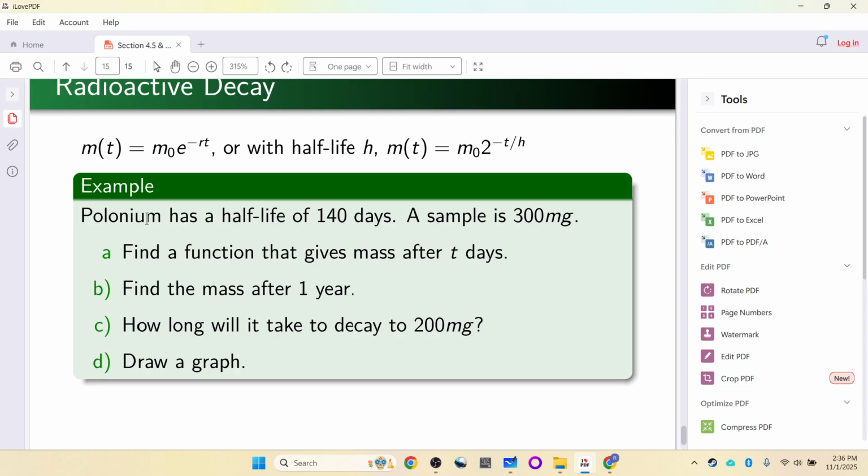So here we're saying a sample is 300 milligrams. And this polonium cuts in half every 140 days. So I'm just going to write 140 there as H. And try to keep in mind that we're dealing with days and not hours or years or anything like that.